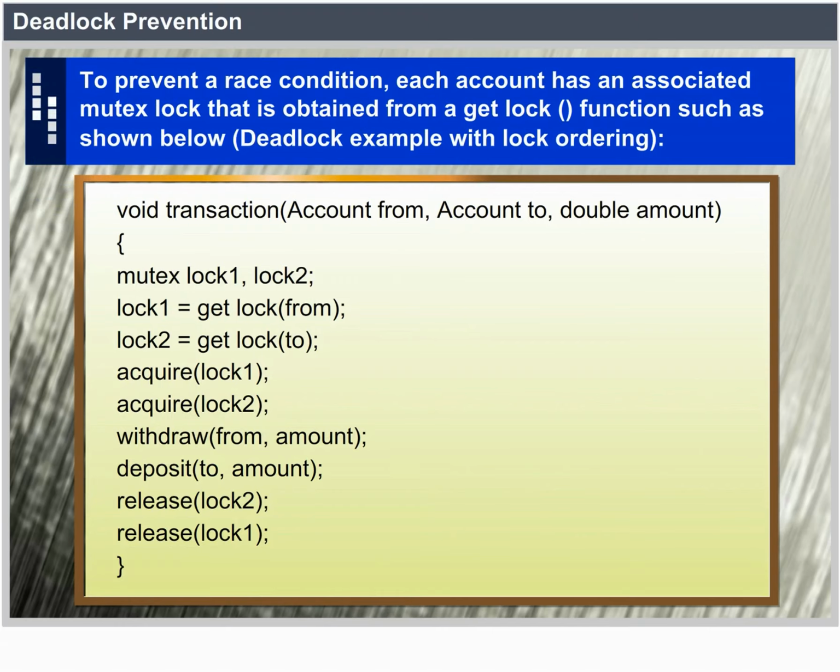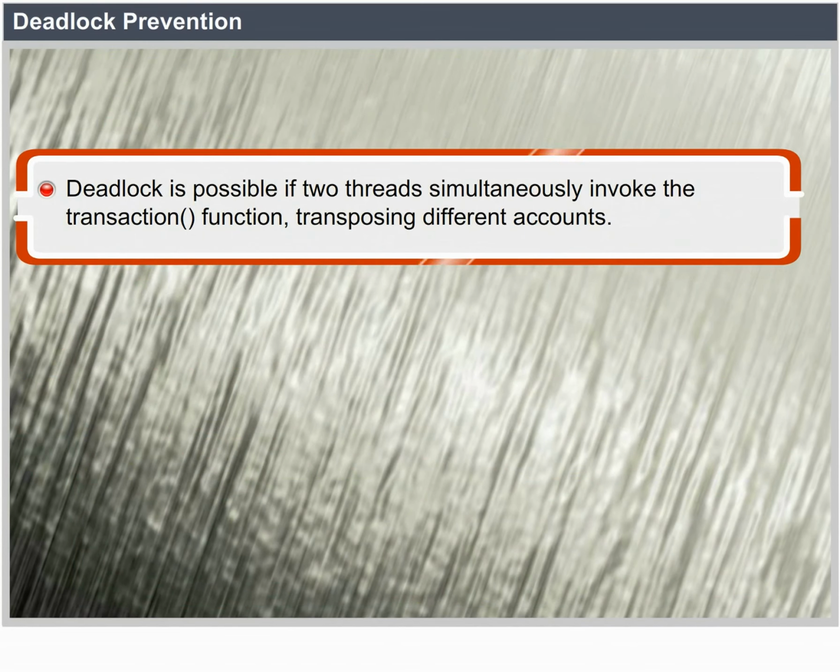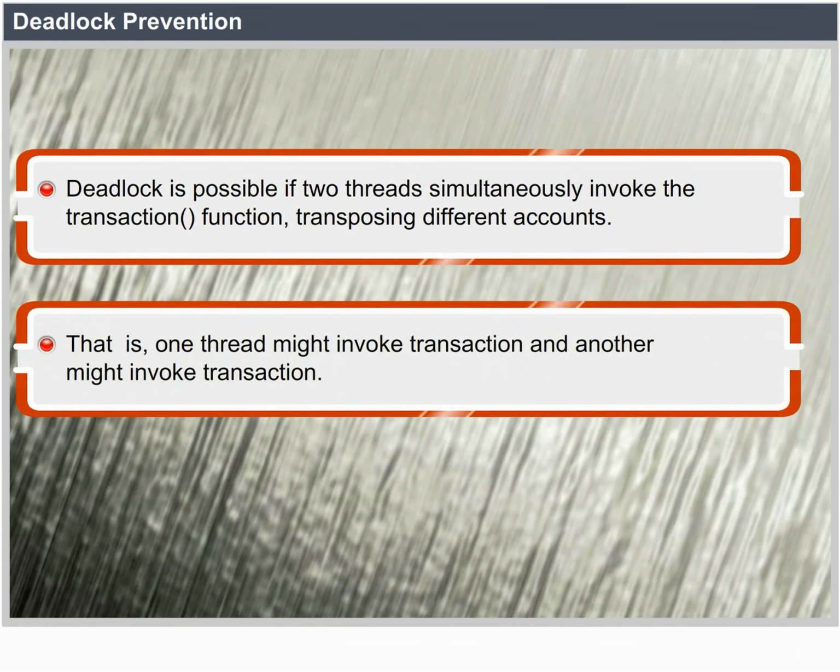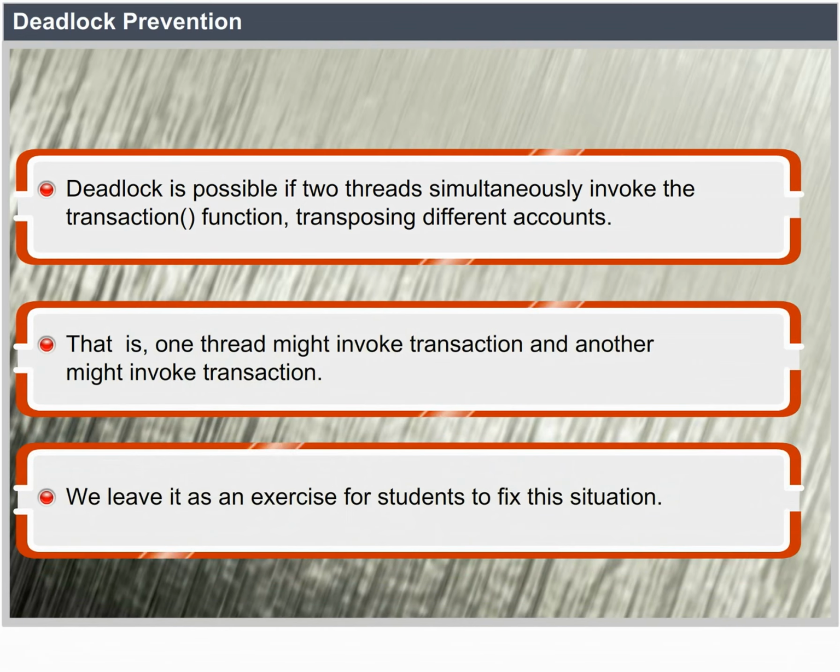Deadlock example with lock ordering. Deadlock is possible if two threads simultaneously invoke the transaction function, transposing different accounts. That is, one thread might invoke transaction(checking_account, savings_account, 25) and another might invoke transaction(savings_account, checking_account, 50). We leave it as an exercise for students to fix this situation.